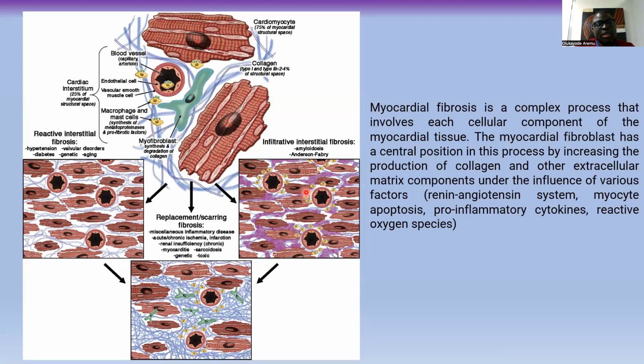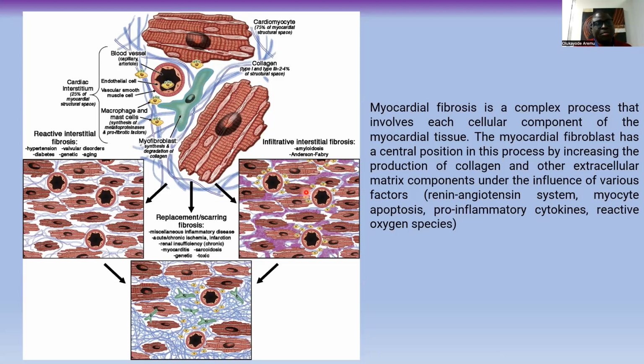And then we see the other one, which is the replacement or scarring fibrosis. And this is just as the name implies, replacement or scarring. So there is accumulation or deposition of collagen upon the dead tissue.